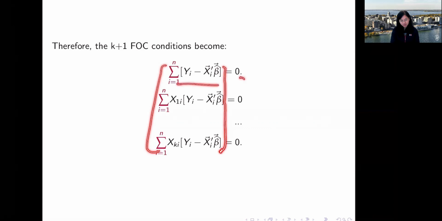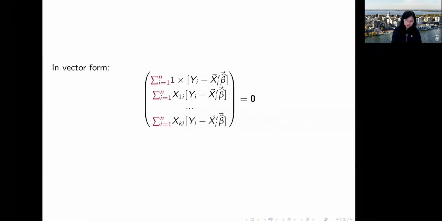Every element being 0 is equivalent to the whole vector equaling a 0 vector, right? So now we write it in a big vector form, and the system of equations becomes this vector equals the 0 vector. So this boldface 0 is a vector of zeros. And here there are k plus 1 zeros arranged in this vertical form.